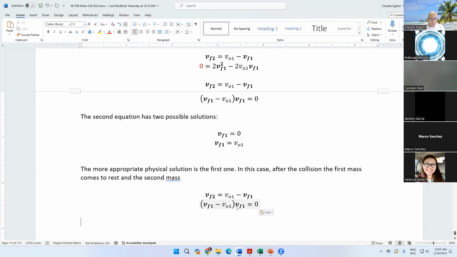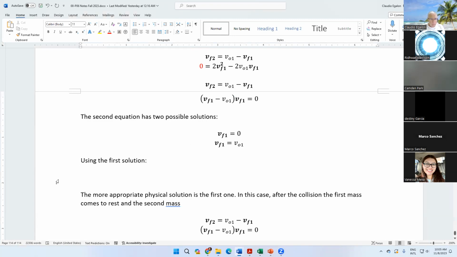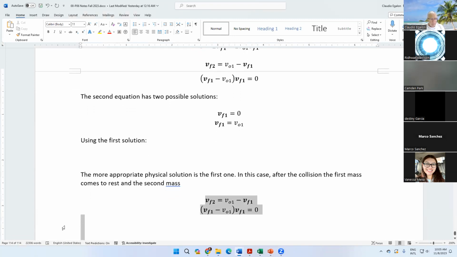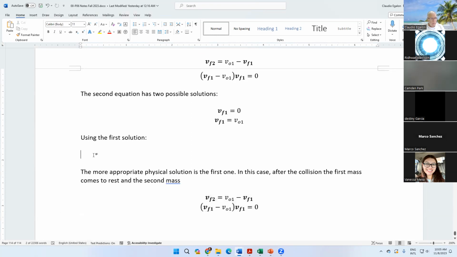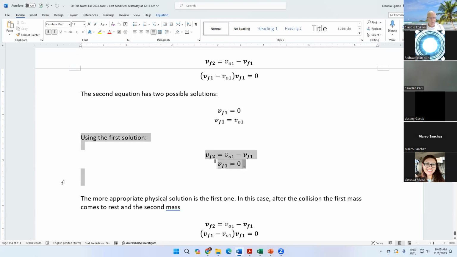And for the second mass, using the first solution, we have V final one equal to 0, right? Using the first solution.